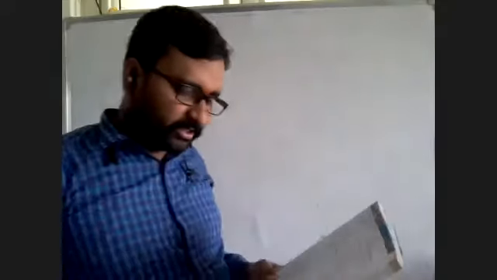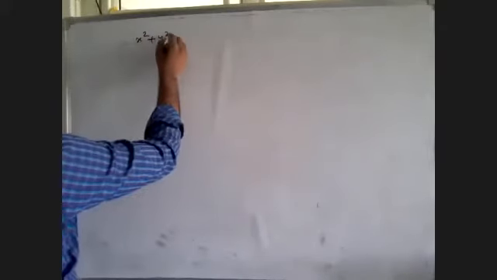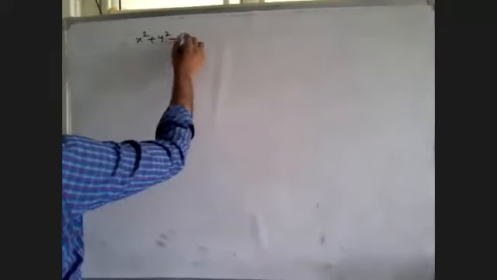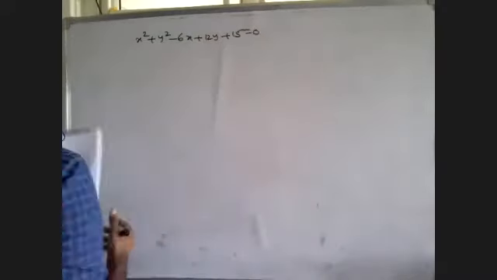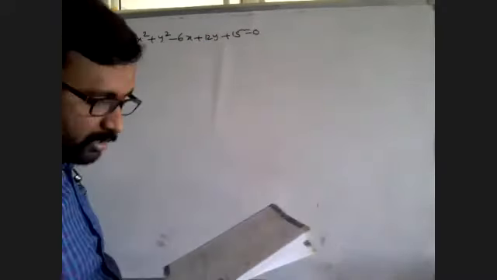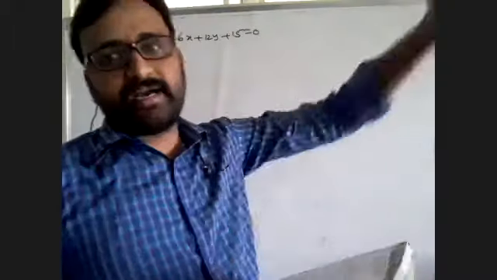The question is: the equation of the circle concentric with the circle x square plus y square minus 6x plus 12y plus 15 equal to 0 and of double its area is.